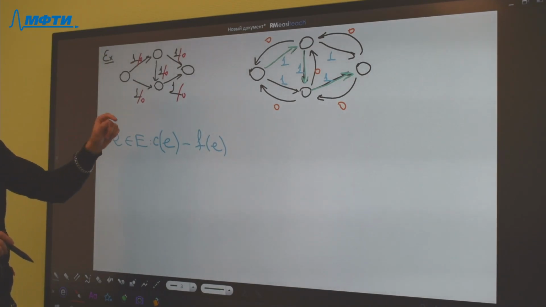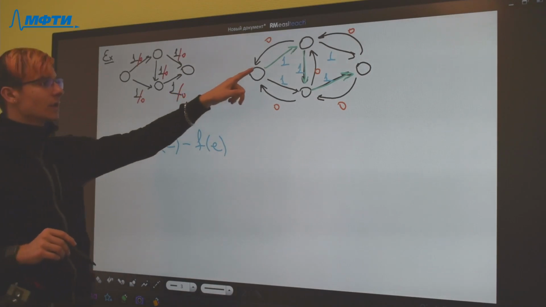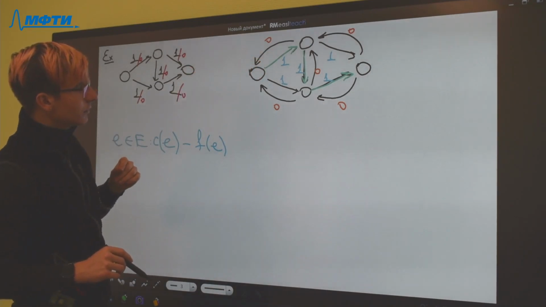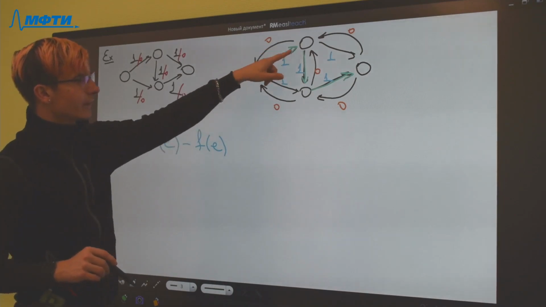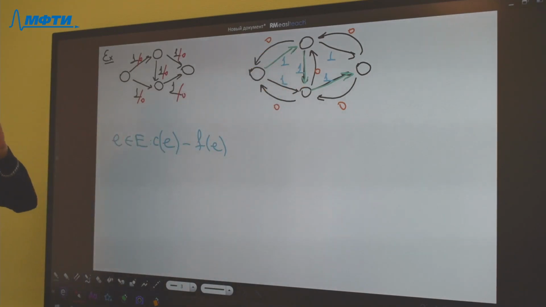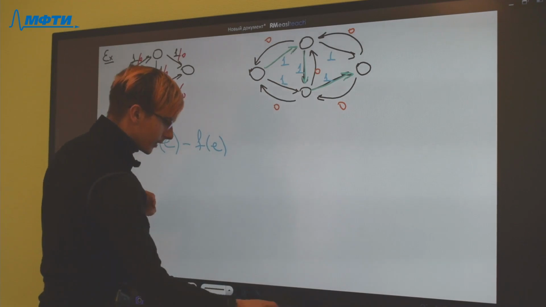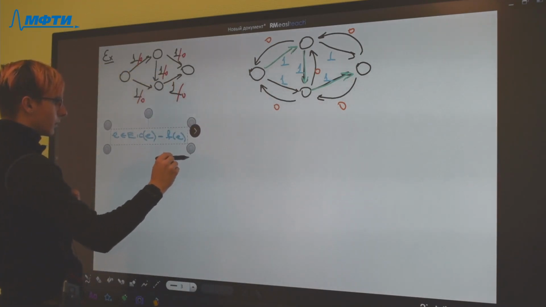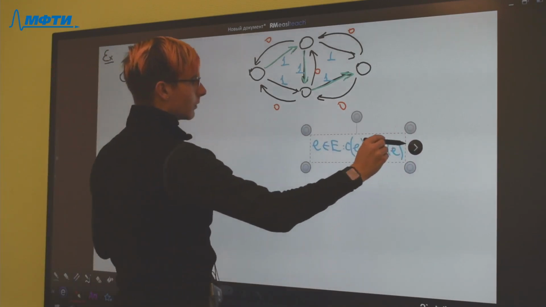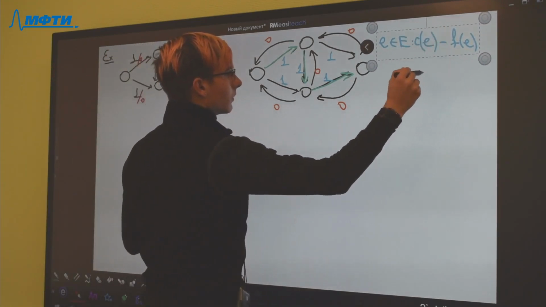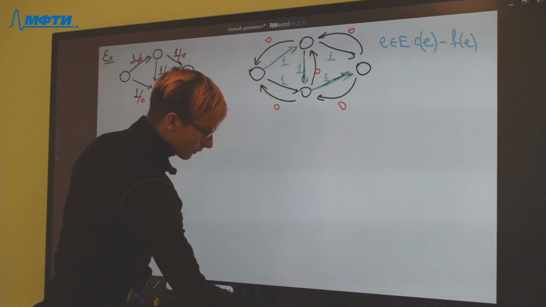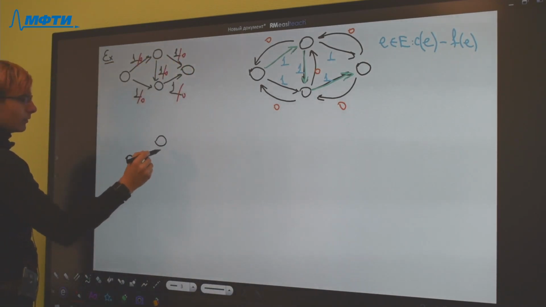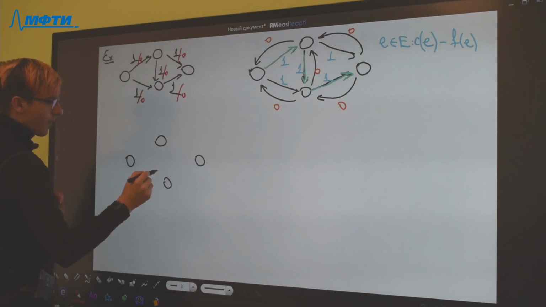Then we can increase our flow along this path. And then we get a new flow in our network.